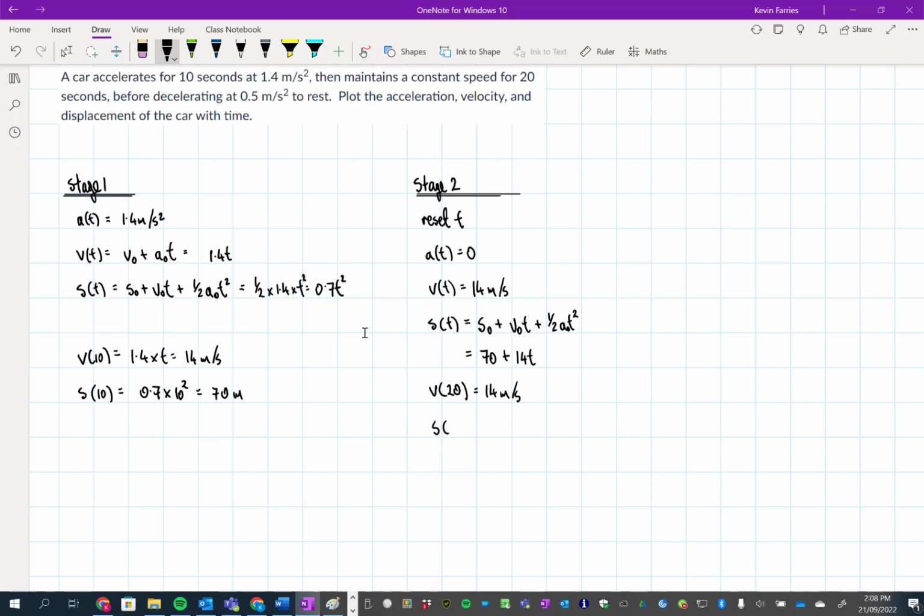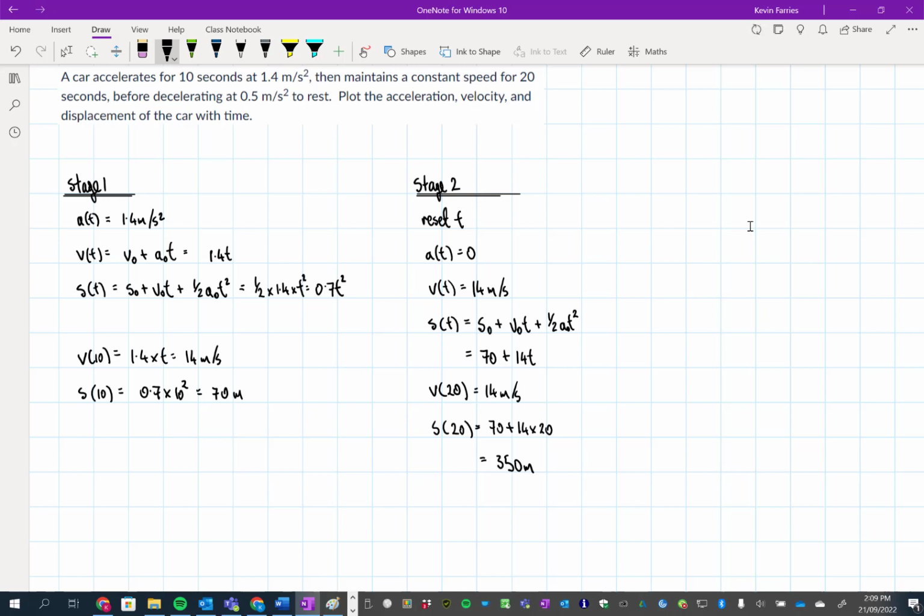And then the displacement after 20 seconds, remember I've reset t, this is from the start of the stage, is going to be 70 plus 14 times 20, which is 280 plus 70, 350, I think. 350 meters. Double check that, my mental arithmetic is terrible. Plus 14 times 20, 350.